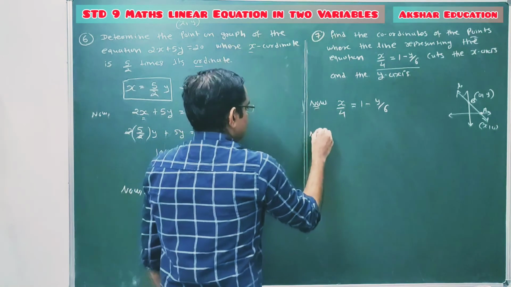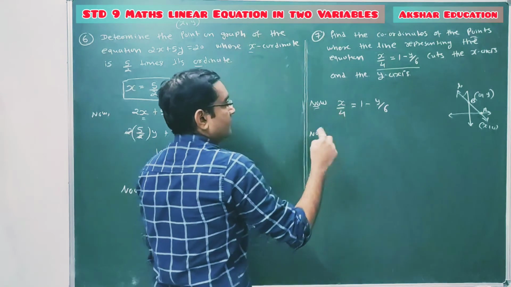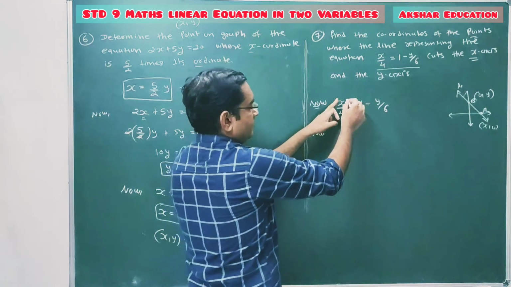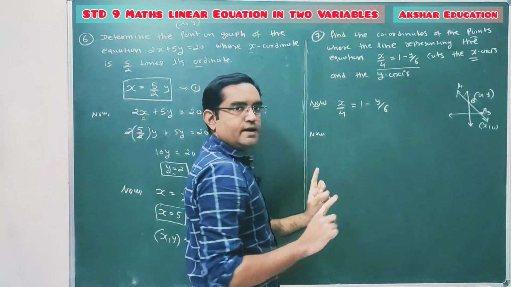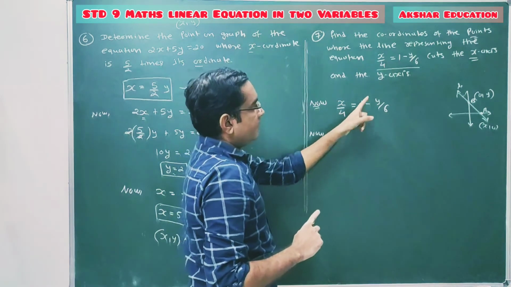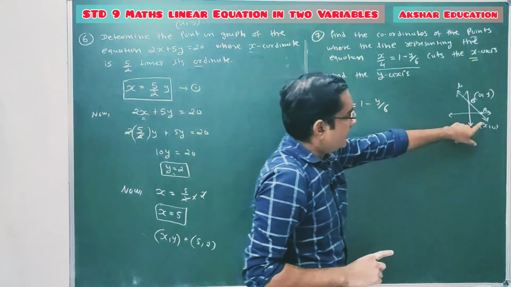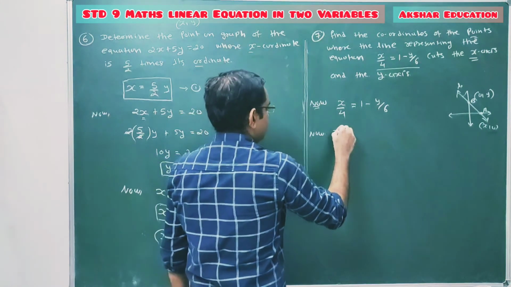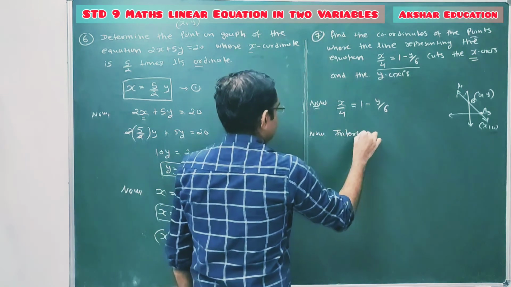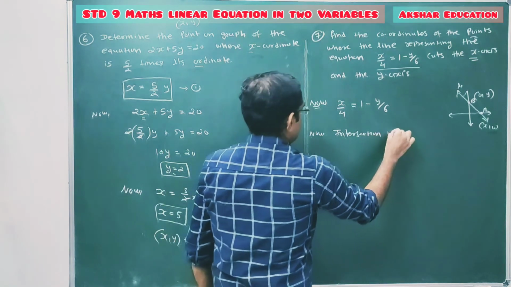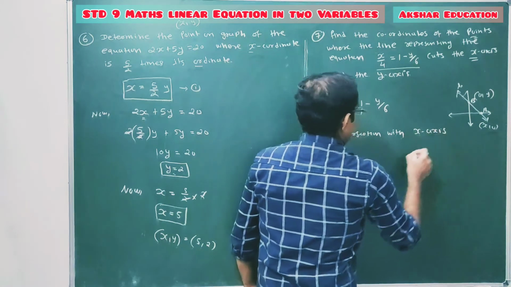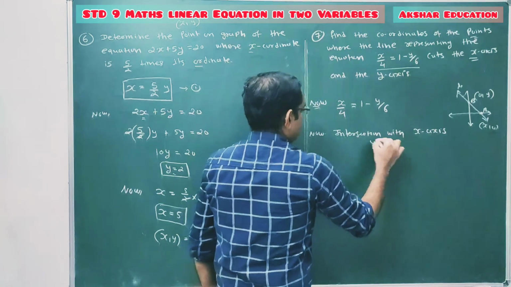Now when we draw the graph of this linear equation, it will be a straight line, and this straight line will intersect the x-axis. At that point the y coordinate will be 0. So for the intersection with the x-axis, we can say the y coordinate is 0.